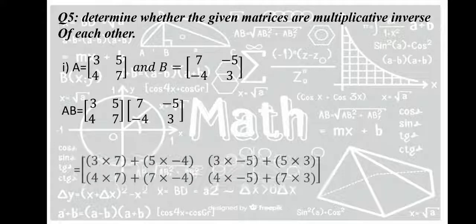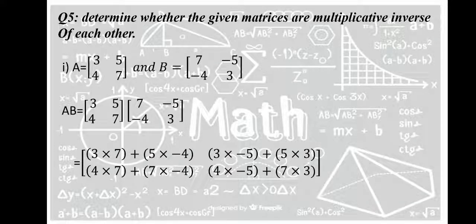Following the rules of multiplication, the first row will be multiplied by the first column in the first line, so 3 multiplied by 7 plus 5 multiplied by -4. Then the first row will be multiplied by the second column in the first line, 3 multiplied by -5, plus 5 multiplied by 3.